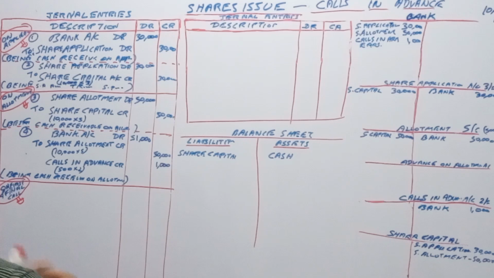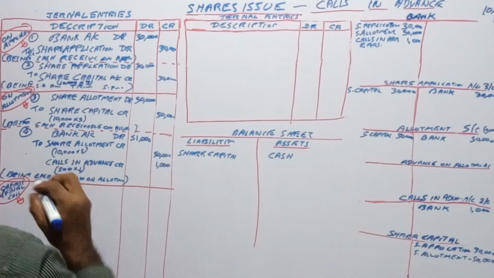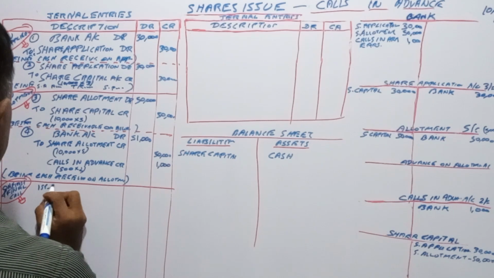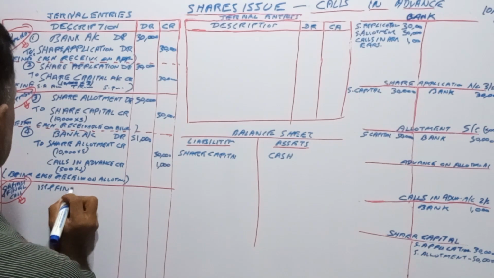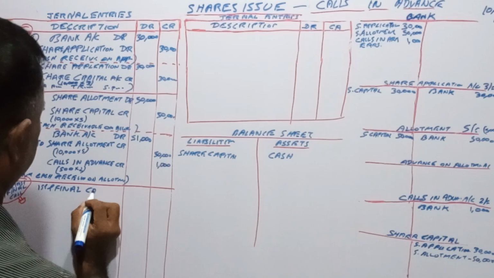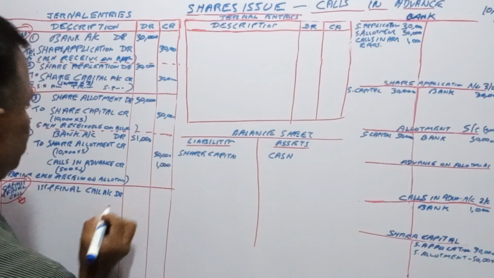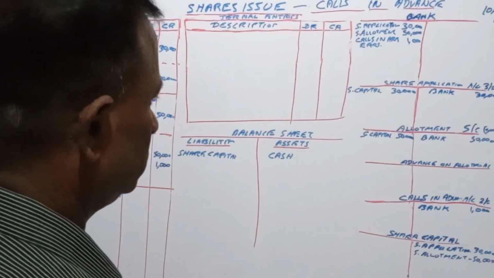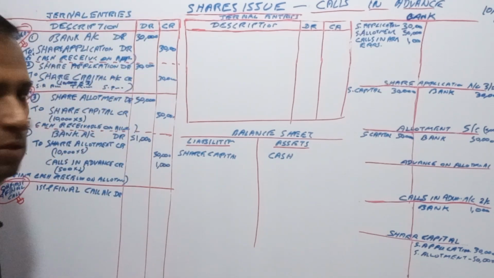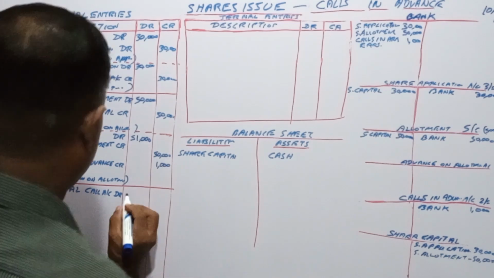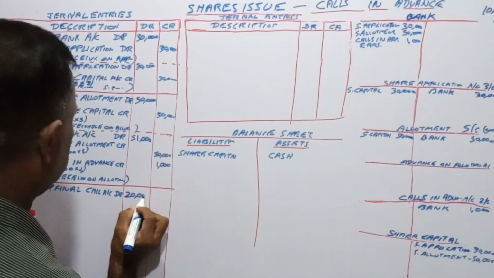Right? First and final call. Account debit. How much? 2 into 10,000, 20,000.